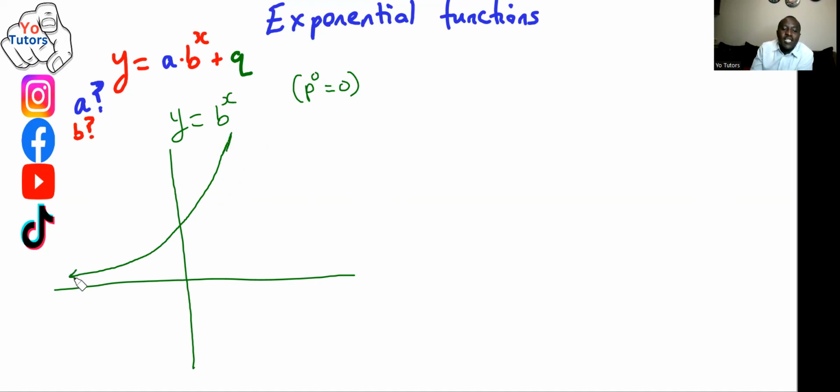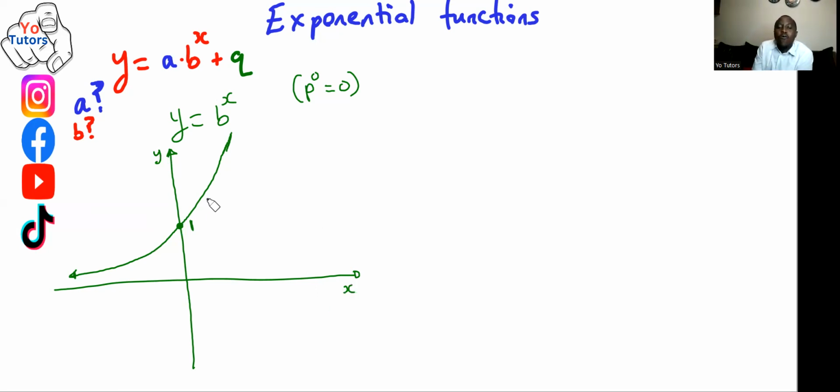It's only approaching the x-axis, but not touching it, and it cuts the y-axis at 1. It cuts the y-axis at 1 because when x is equal to 0, y will always be 1. So it's always cut at 1. That's how it looks like there, so we've got the x and the y.